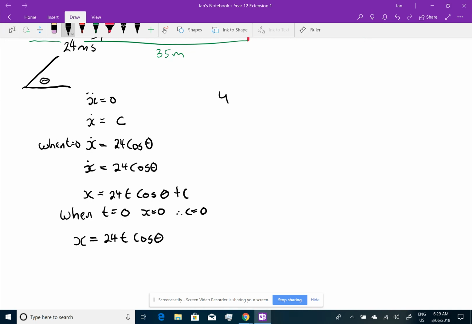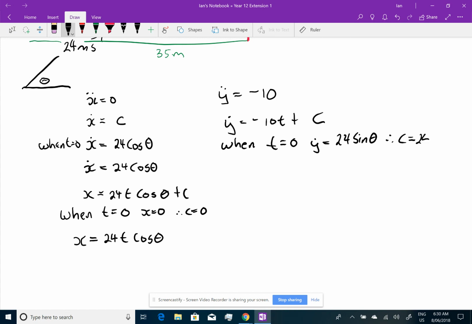Do the y double dash. They told us to use 10. y dash equals minus 10t plus some constant, but we know that when t equals 0, y dash equals 24 sine theta, therefore c equals 24 sine theta.